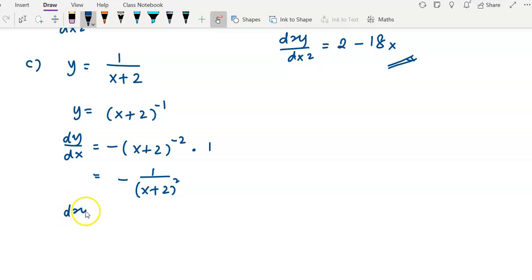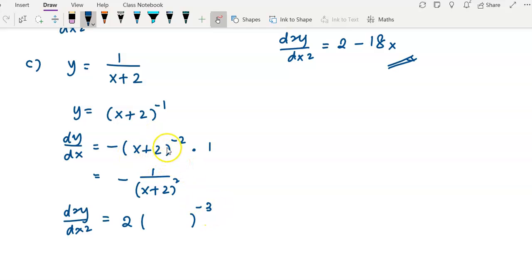So now we proceed to the d2y dx2. For d2y dx2, I will still refer to this form, easy for me to differentiate. Actually this is negative x plus 2 to the power of negative 2. So how are you going to differentiate it? You move the negative 2 to the front, multiply by negative 1, you get 2. And then the power of negative 2 minus 1, you get negative 3.